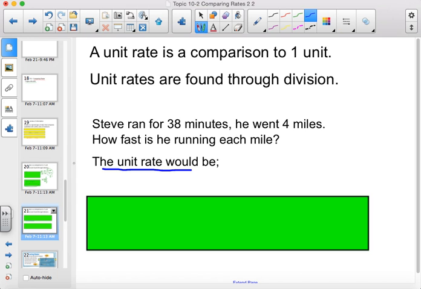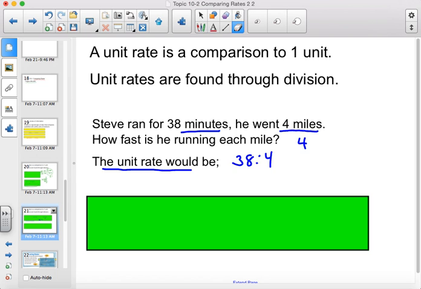Well, again, we are comparing minutes to miles, time to distance, and our ratio is 38 to 4. If we write it as a fraction, we would write it as 38 over 4.